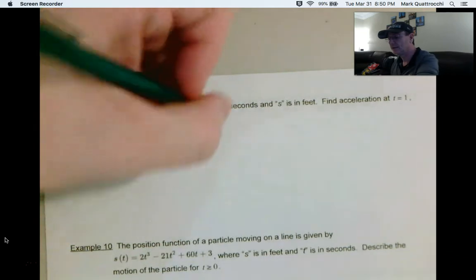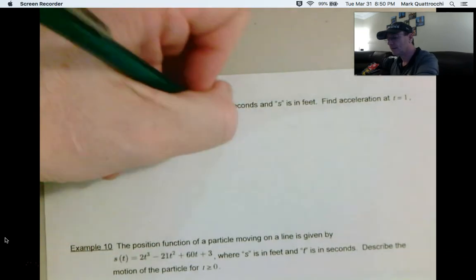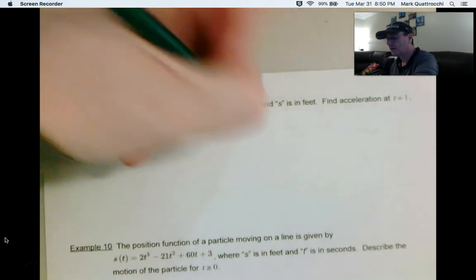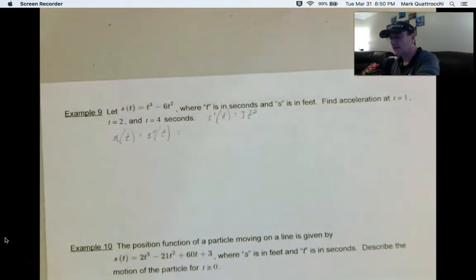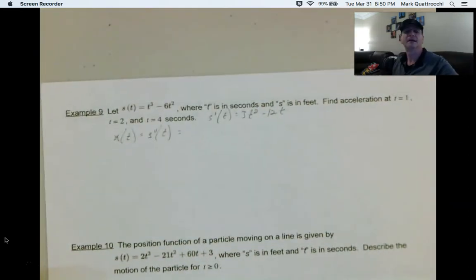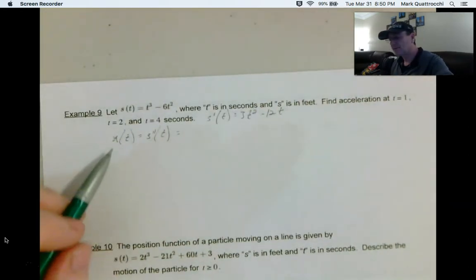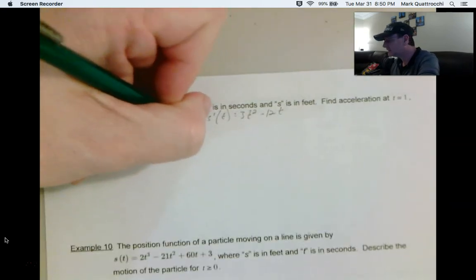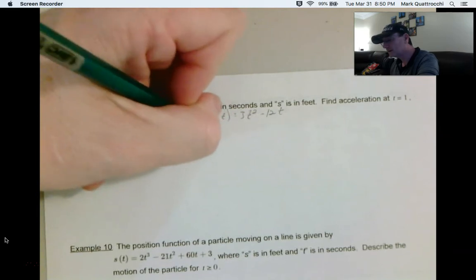So let's find s prime of t. S prime of t is equal to 3t squared minus 12t. That's s prime of t. S double prime of t, or a of t, acceleration, is 6t minus 12.